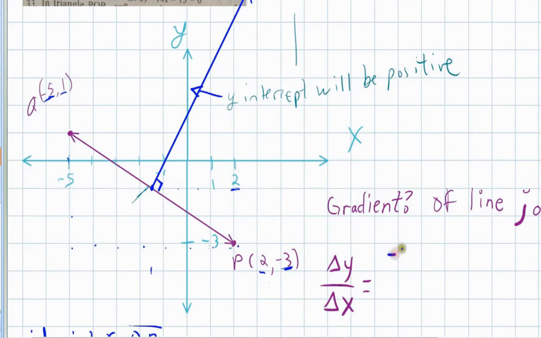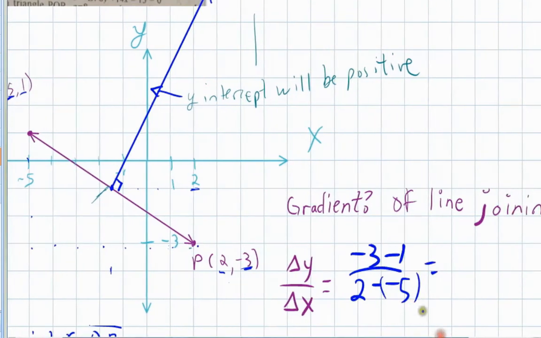That can also be represented by writing -3 minus 1, and then for the x direction, since we used this as the first number, we're going to use this as the first number in the x ones, right? So now we do 2 minus -5.